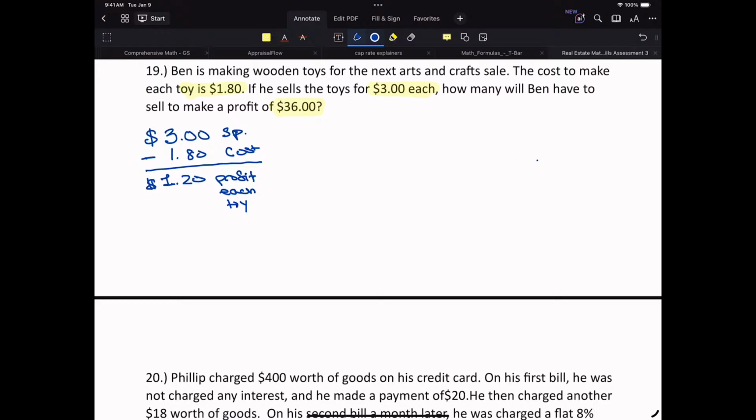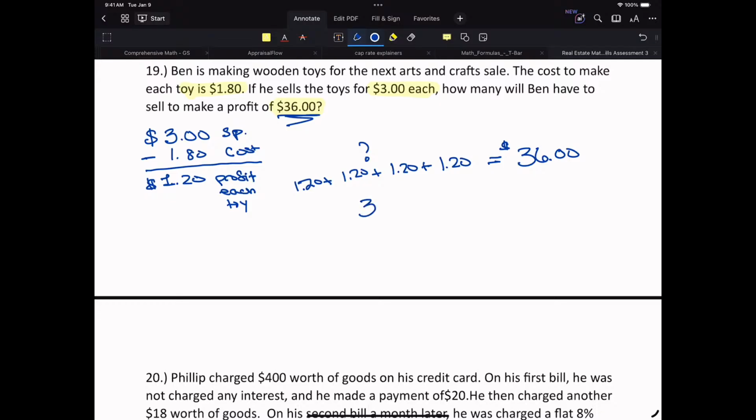Now his end goal is $36. So the question is, how many $1.20s would he need to get $36? Well, guys, this is what dividing is all about.